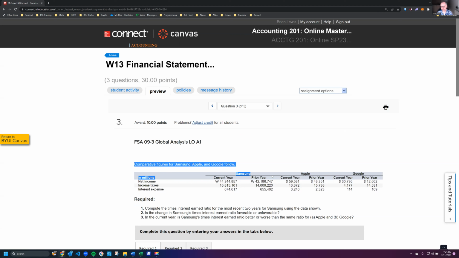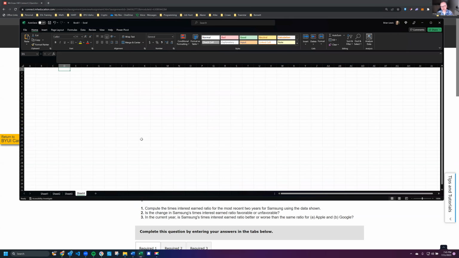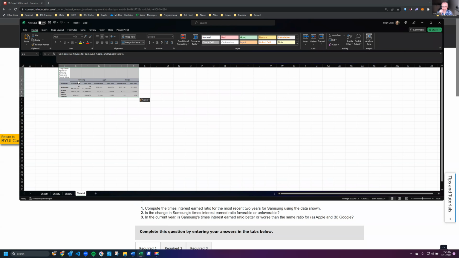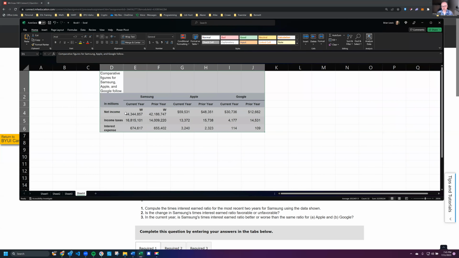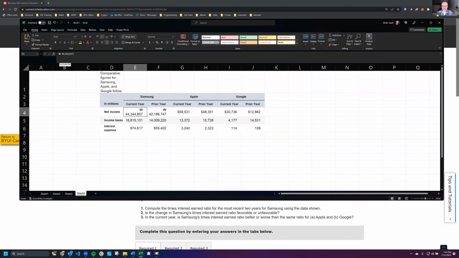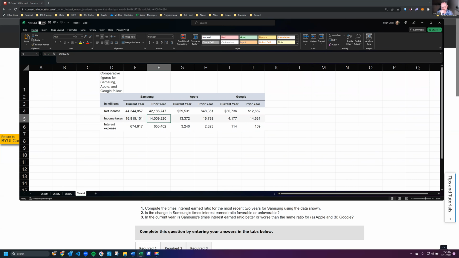Let's try this one all the way from the top down. There we go. So now when I take it, let's take these little values out of here because it doesn't like those, I'm sure. And so we'll make sure that it's the actual number instead of some other thing.